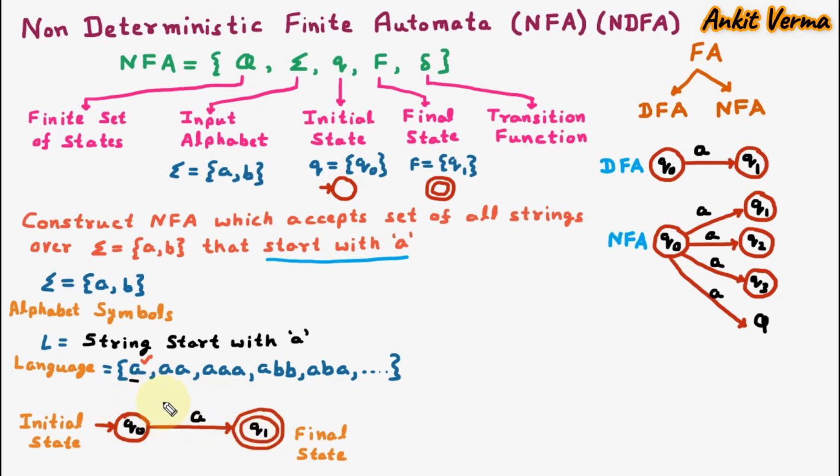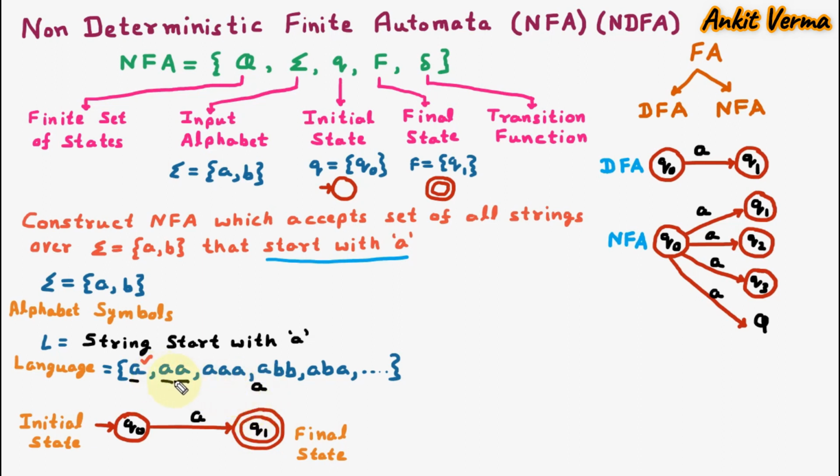Now we are moving forward and taking another string. Let us suppose that A A is coming, so we are going to modify this NFA. For the first A, from initial state Q0 we go to Q1, and for the next A we are on Q1 and A is coming.